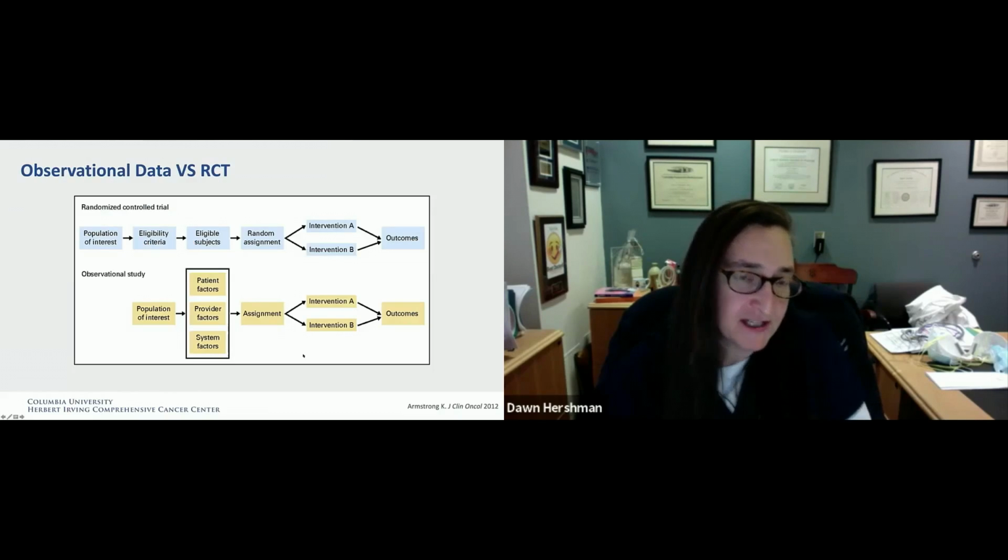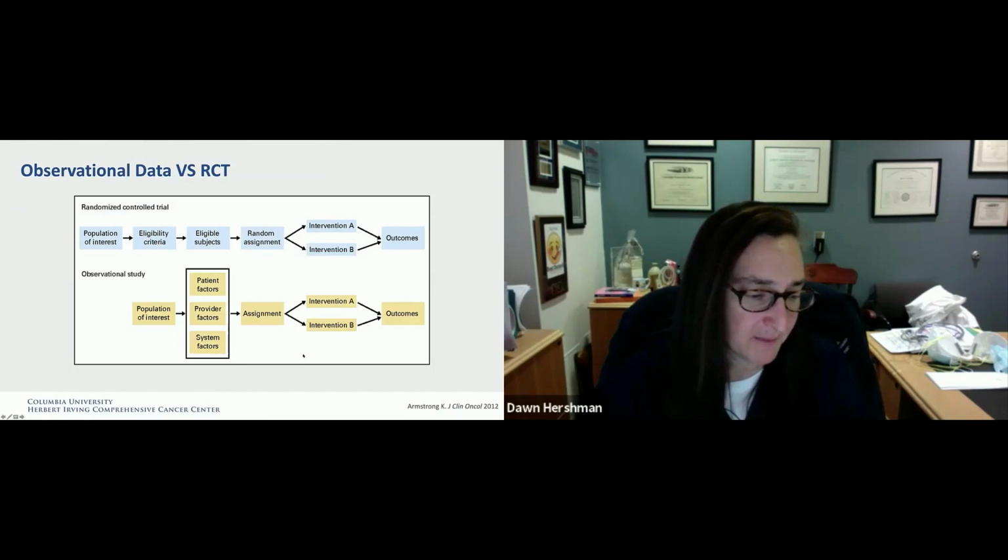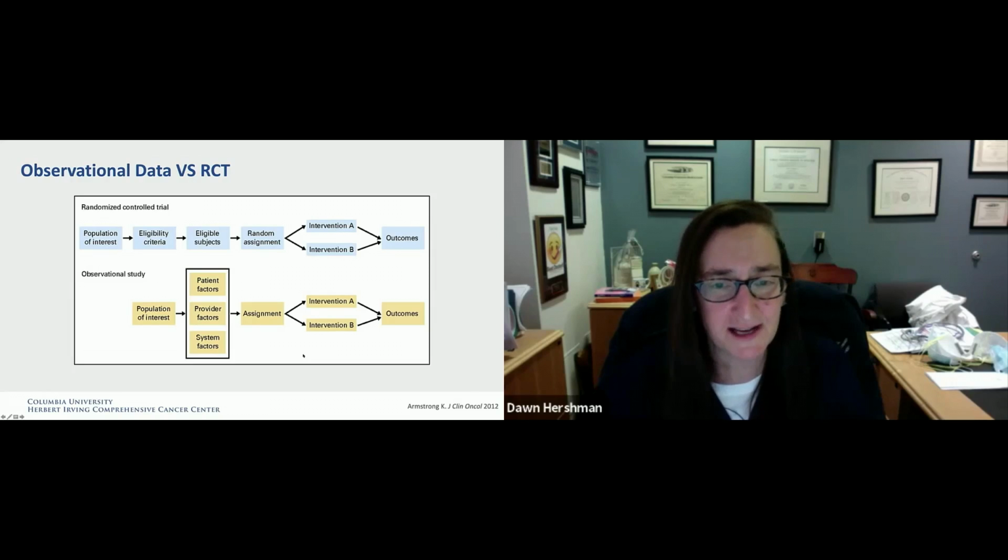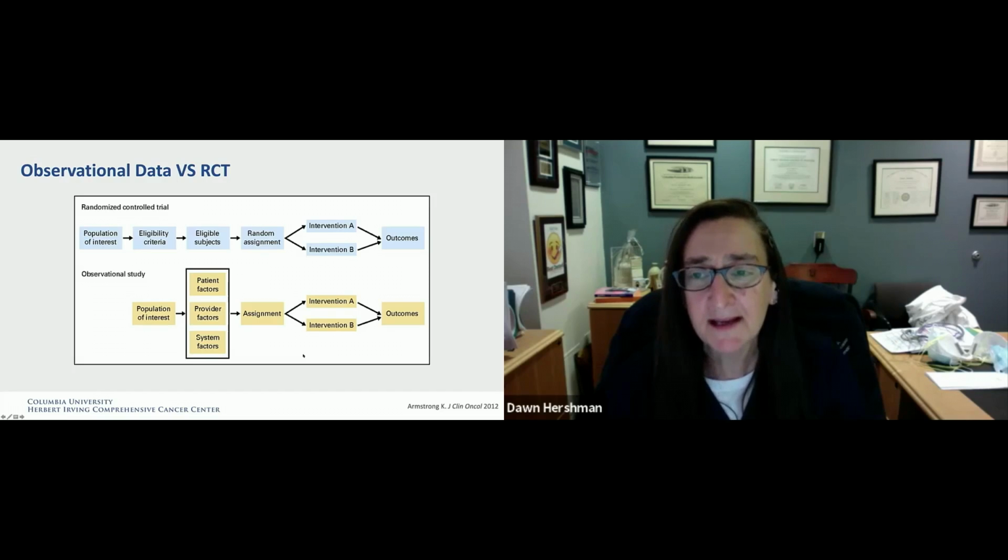When we think about strategies to inform decision making, we often break clinical trial designs into two categories: randomized controlled trials and observational studies. Randomized clinical trials have the advantage of allowing us to select a population of interest, enroll them based on strict eligibility criteria, identify eligible subjects, and randomly assign them to intervention A or B, and look at those effects on outcomes.